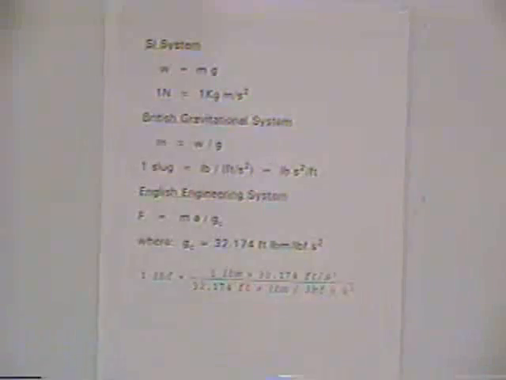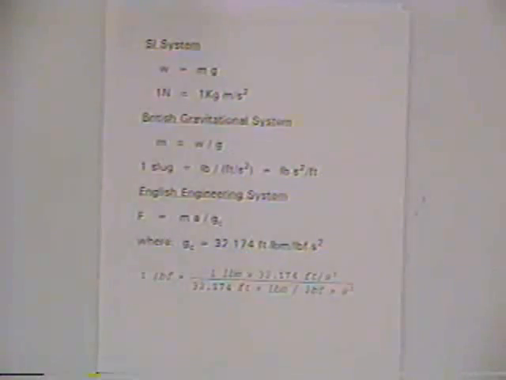So in the SI system, weight is mass times acceleration of gravity, and the weight is in units of newtons, and mass is kilograms, and acceleration of gravity is in meters per second squared. So a newton is, by definition, 1 kilogram times meter divided by second squared.